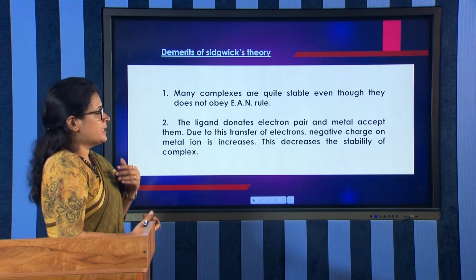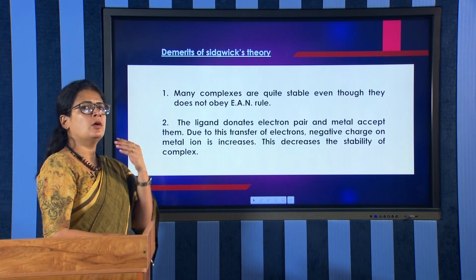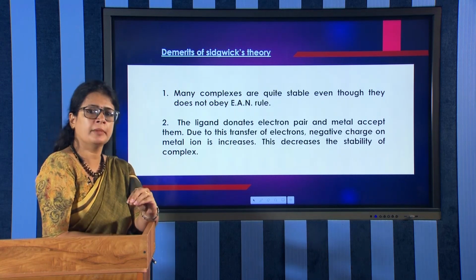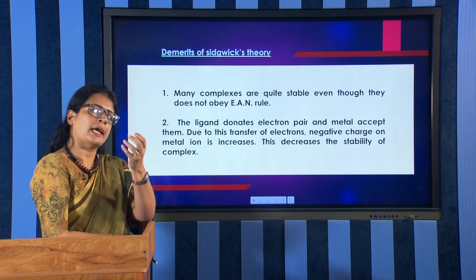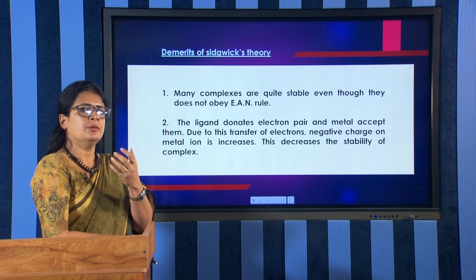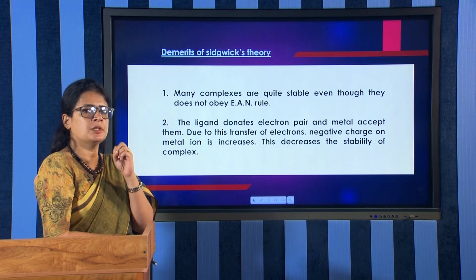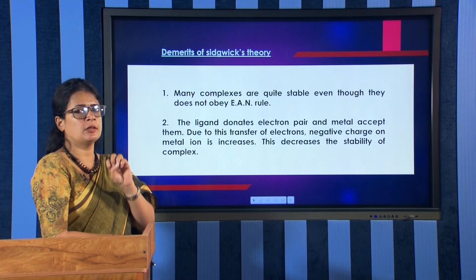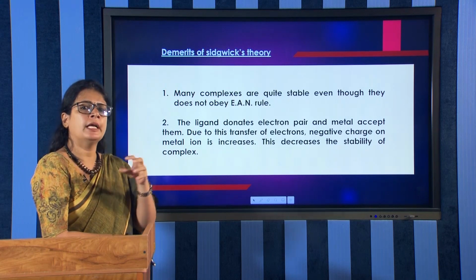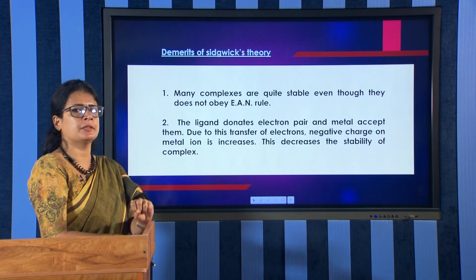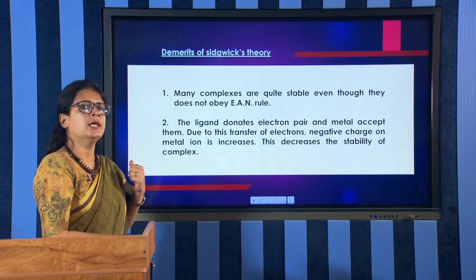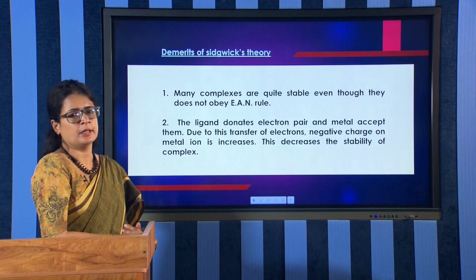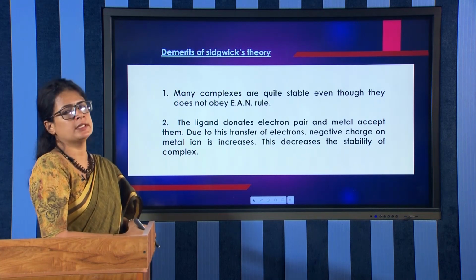And second, according to Sidgwick's concept, the ligands donate electrons to the central metal atom, and the central metal atom accepts all these electrons, so it is an electron donor and electron pair acceptor concept. So, if electrons are being donated to the central metal atom, there will be an accumulation of electrons in the central metal atom, which leads to the instability of the complex. That is the demerit of Sidgwick's theory. So, these are the main demerits of Sidgwick's theory.